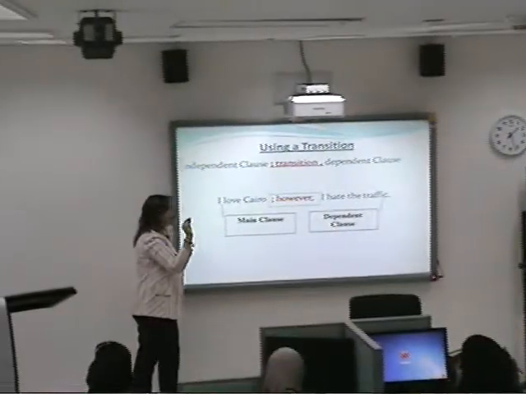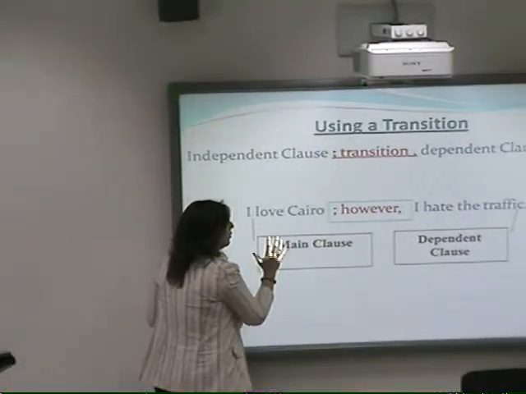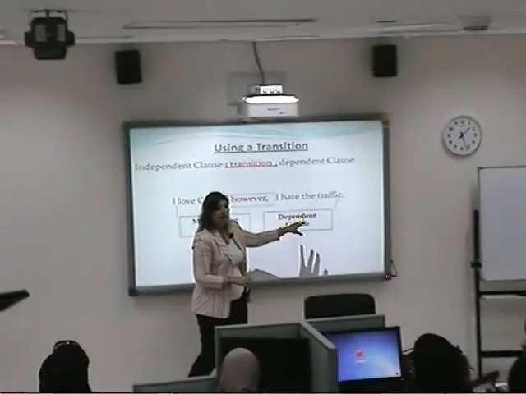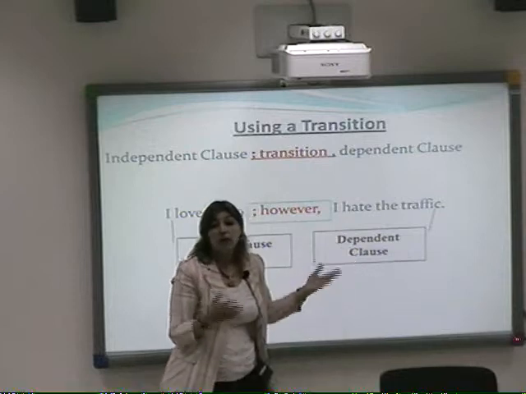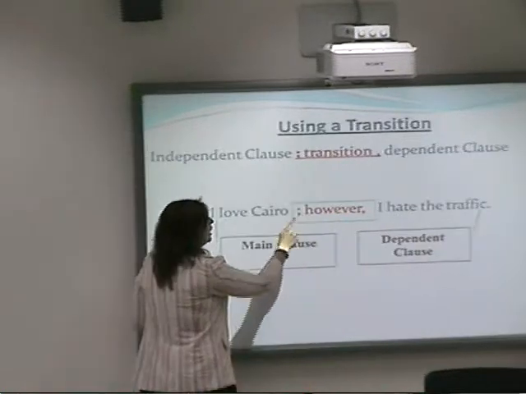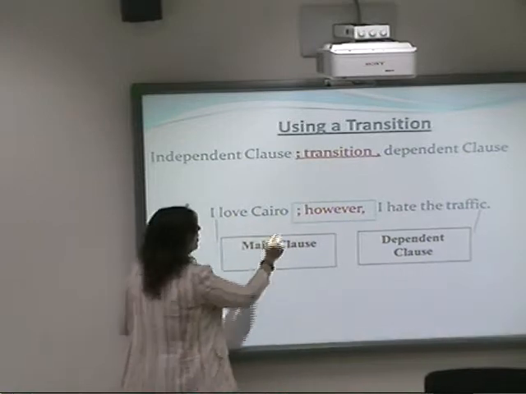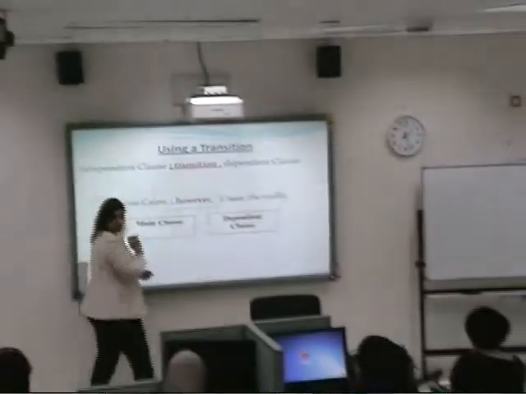But beware of punctuation marks. Beware that we have one main clause, and here this is a dependent clause. It can't stand alone because it might give another meaning. And here we're using a long transition preceded by a semicolon and followed by a comma.